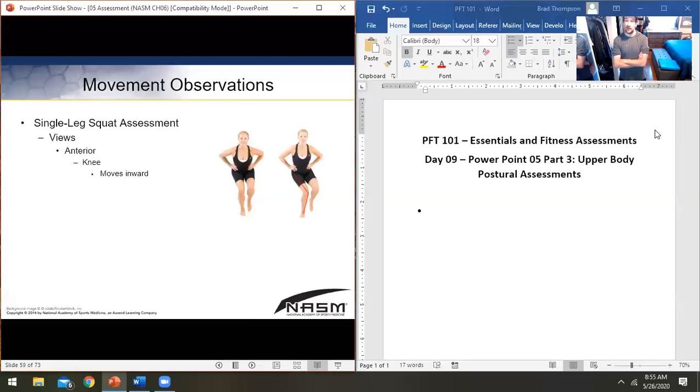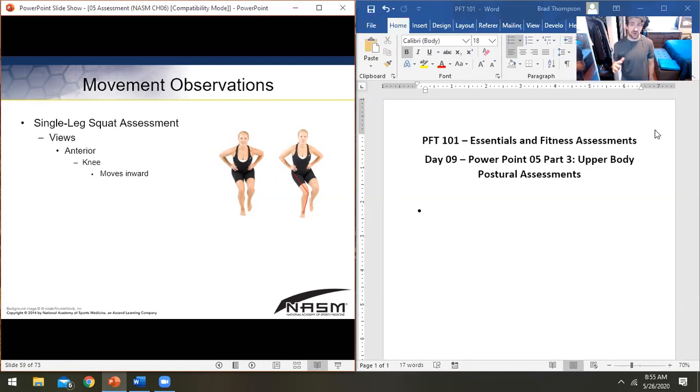So when we were designing a program for a client who experiences knees caving in on either the single leg squat or the overhead squat, that knees buckling is showing overactive adductors and overactive hip internal rotators, as well as tibial external rotators. Those are definitely two of our most common postural distortions.